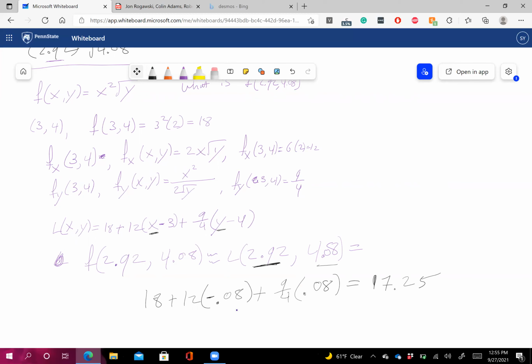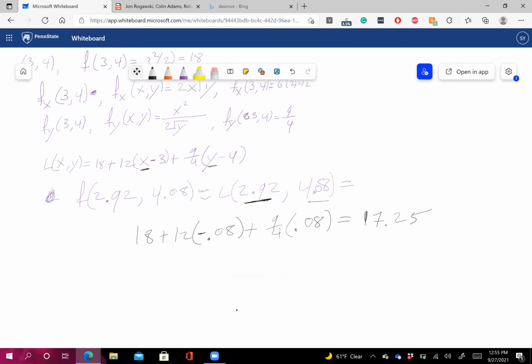Now, if you plug this into a calculator, you would get that the actual value, f at 2.92, 4.08, is approximately 17.22 or so.